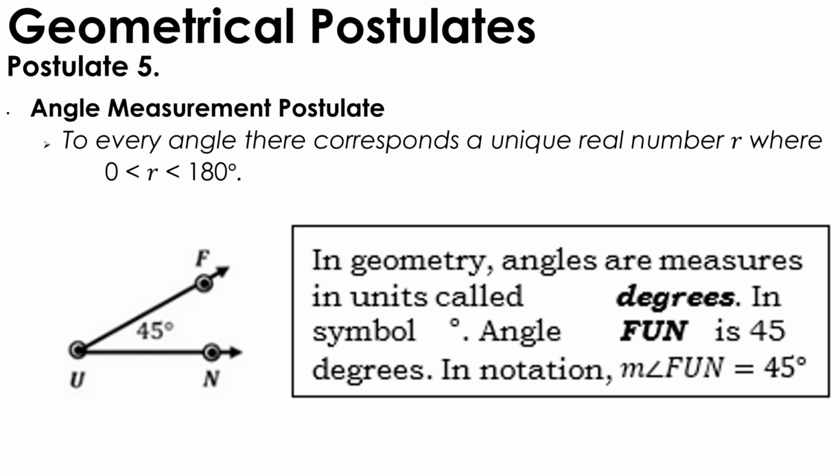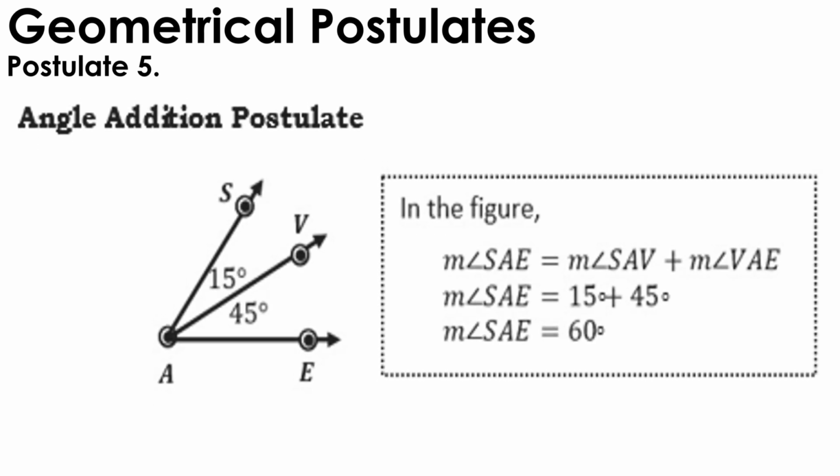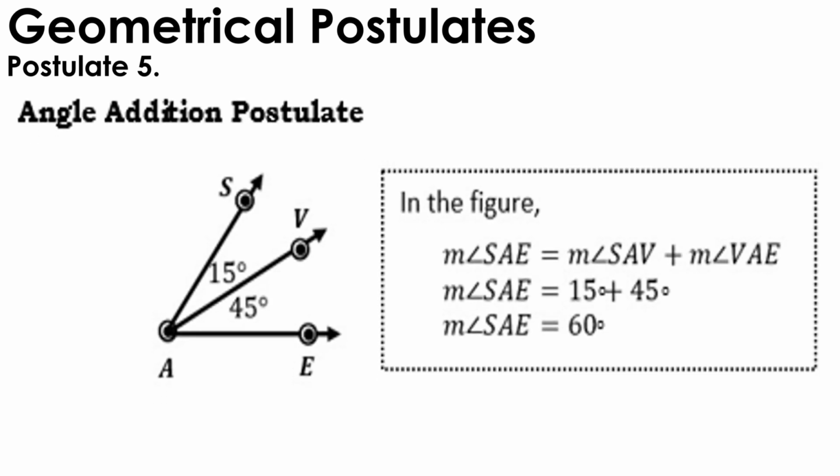Now let's proceed to the last postulate that is under postulate 5. The angle addition postulate. This is what we call the angle addition postulate. Two angles with a common side and a common vertex, when you add those measurements, that is what we call angle addition postulate.